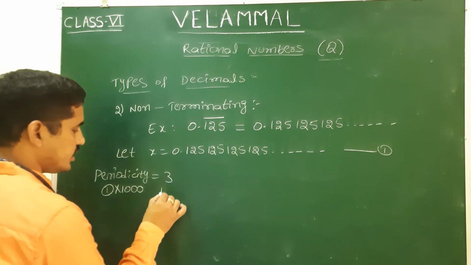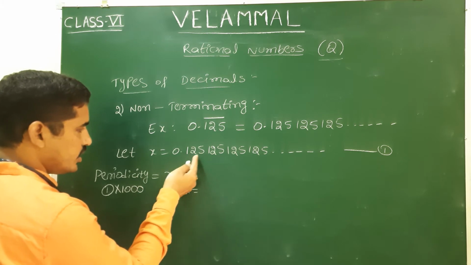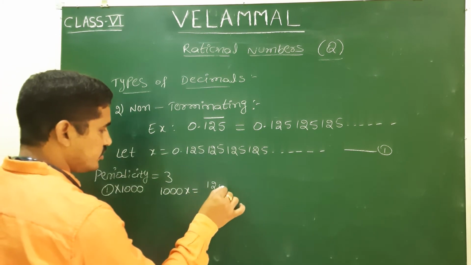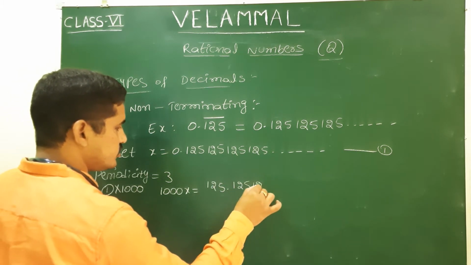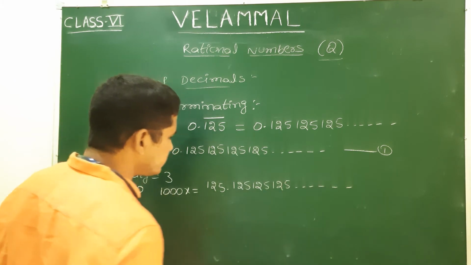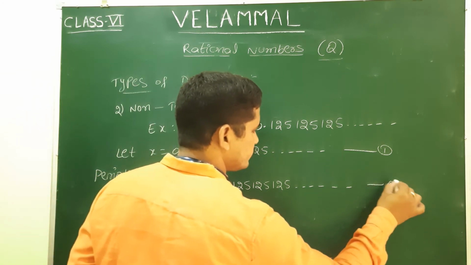So by that we will get 1000x is equal to, now 3 digits will come to the front, 125, 125, 125, 125 and so on. Now let it be equation 2.